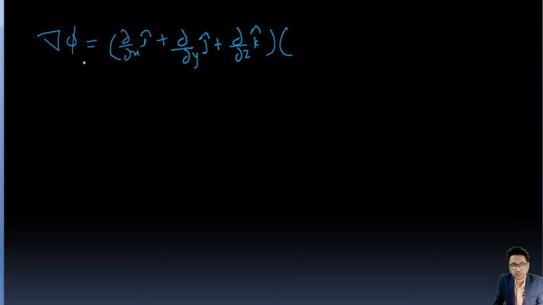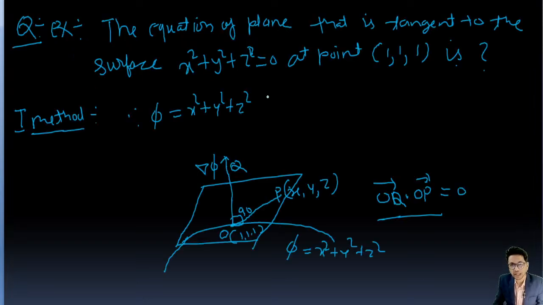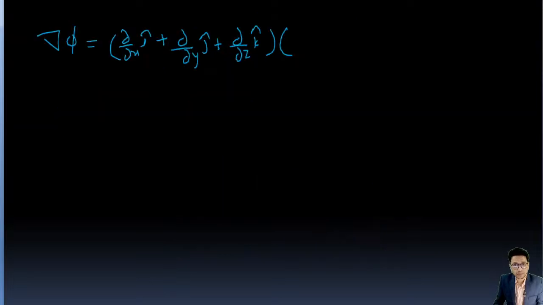The value of phi is x square plus y square plus z square. Very important question, guys. You will get these types of questions, same questions, in NET for 3.5 marks.